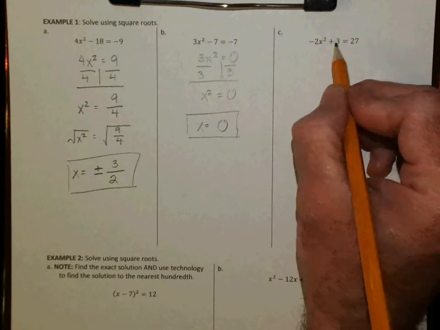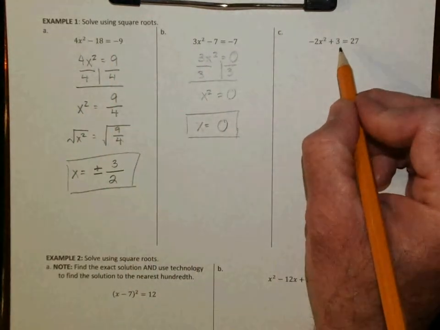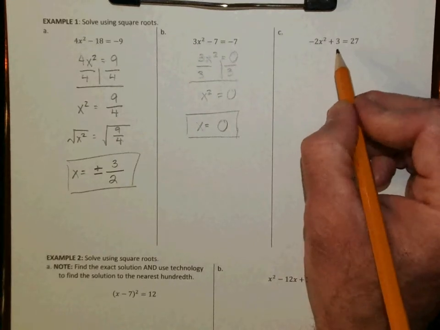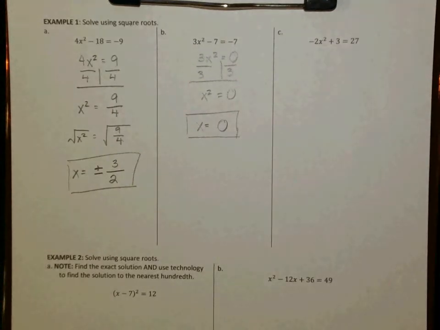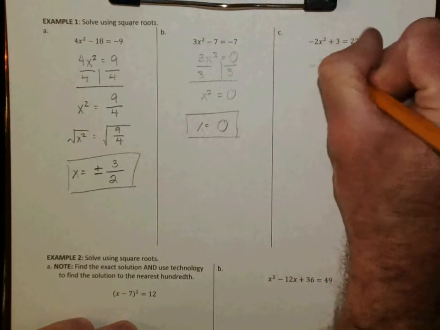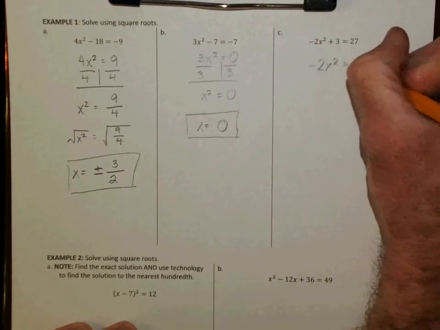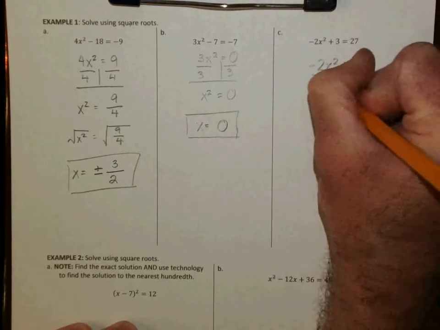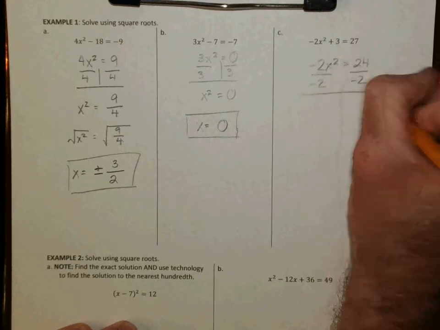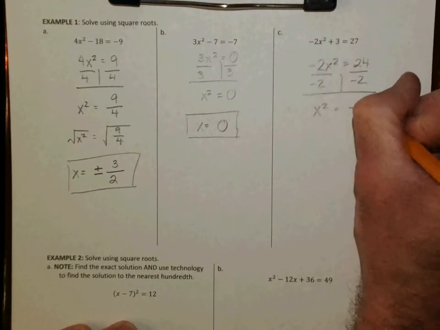Negative 2x squared plus 3 is equal to 27. Since I don't see a linear term, a bx term, I'm going to solve using square roots. Subtract 3 from both sides, I will get negative 2x squared is equal to 24. Divide both sides by negative 2, and I'm going to get x squared is equal to negative 12.